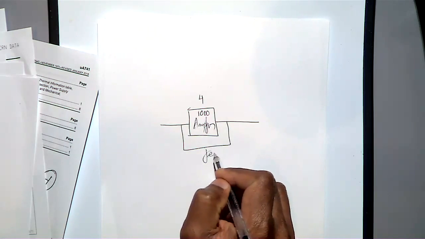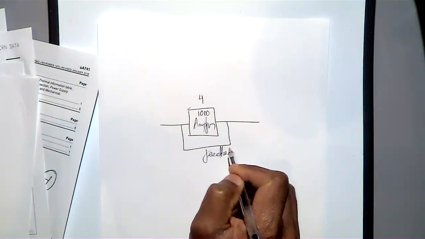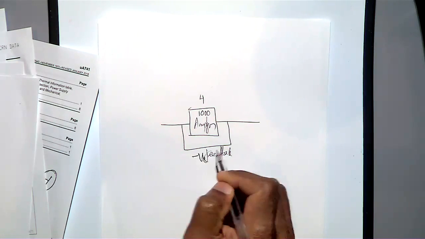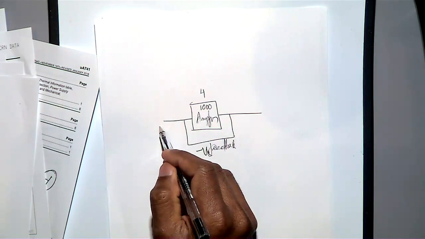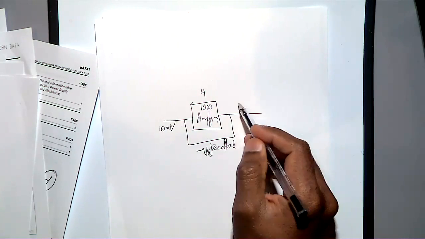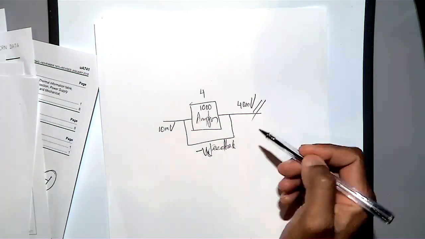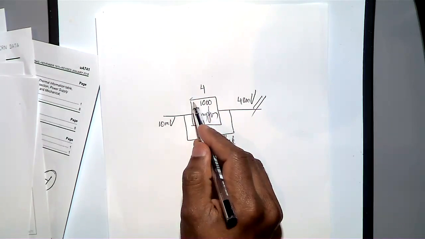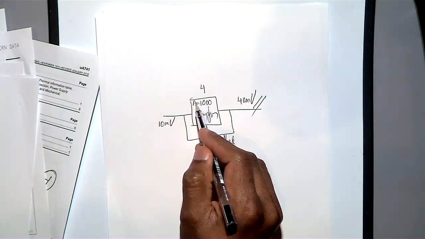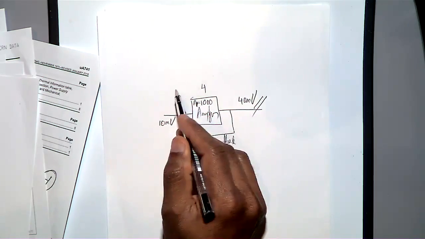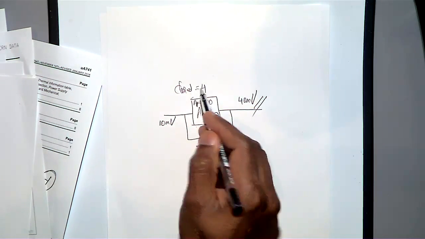Here you connect 10 millivolt, and here you get 40 millivolt, because you got the feedback. Open loop gain is equal to 1000, but closed loop gain is equal to 4.